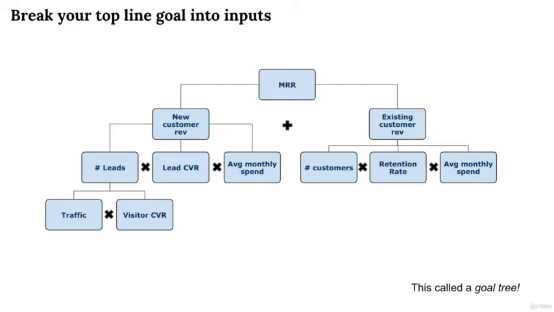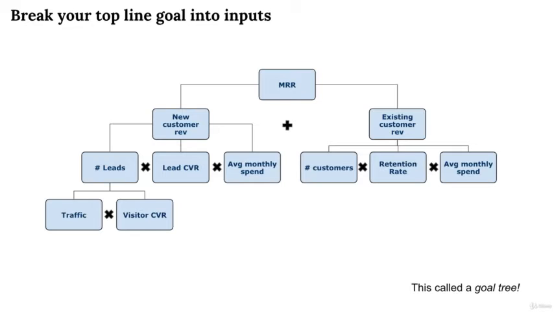That's a big goal, so if we break that down, we can see that monthly recurring revenue is made up of new customer revenue in a given month plus existing customer revenue in a given month. And we can further break down new customer revenue into number of leads times your lead conversion rate times the average monthly spend of those new customers.